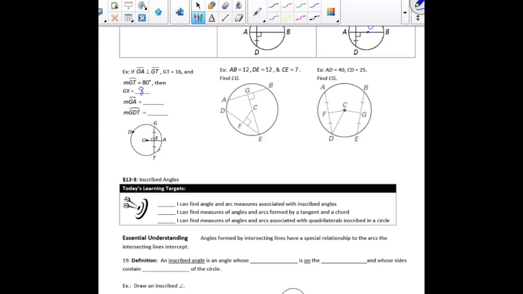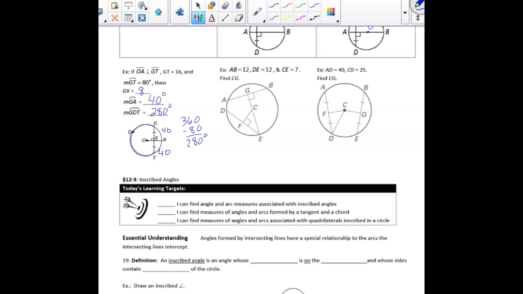Because it bisects, this is going to be 40, and this is going to be 40. The measure of arc GA is 40 degrees. The measure of arc GDT, which is everything else, will be 360 minus 80, or 280 degrees. Remember direction when you name arcs.